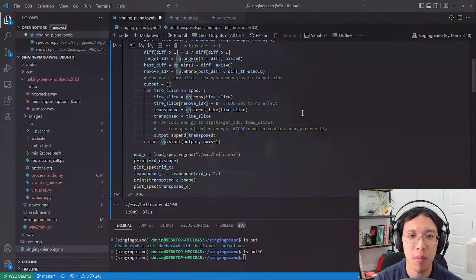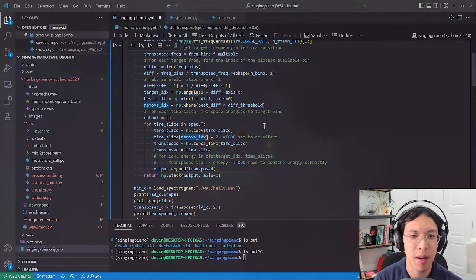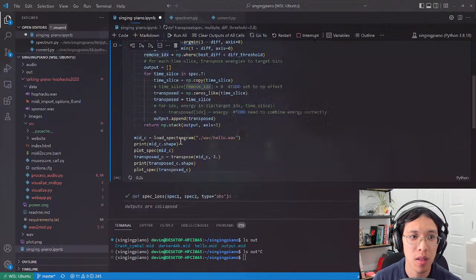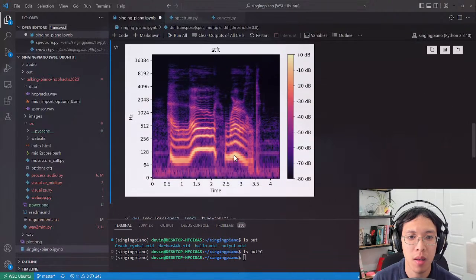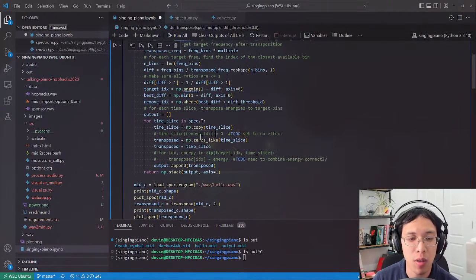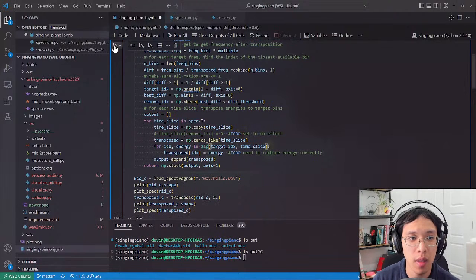Maybe it's the copy? Oh, or maybe I bet it's the threshold causing issues. I forgot about that. Yeah, so it is indeed the threshold. This threshold is actually canceling everything. So let's try doing this again.